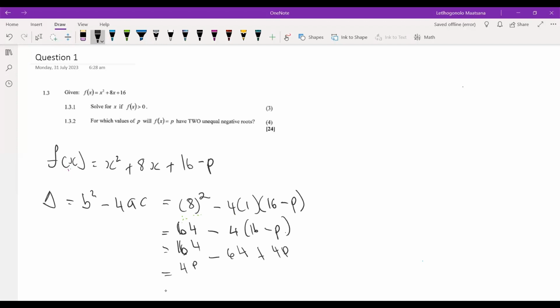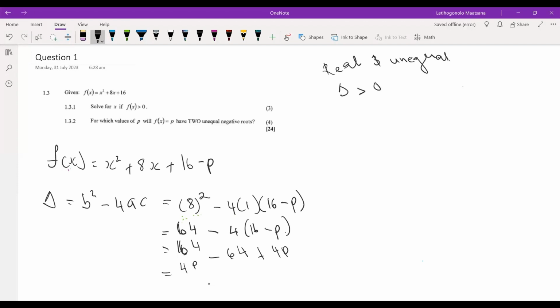Now, in order for our discriminant to have real and unequal roots, our discriminant needs to be greater than 0.